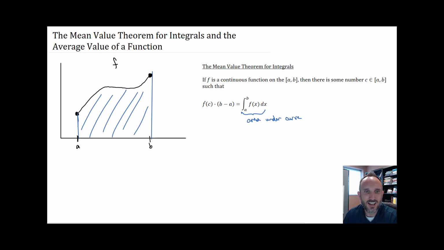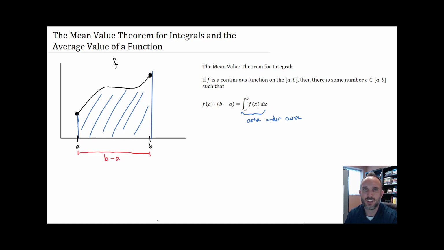Let's analyze the left side. The left side says b minus a. Well, that's this distance right here. That's how long that is. If I take b minus a, that gives me this horizontal distance.